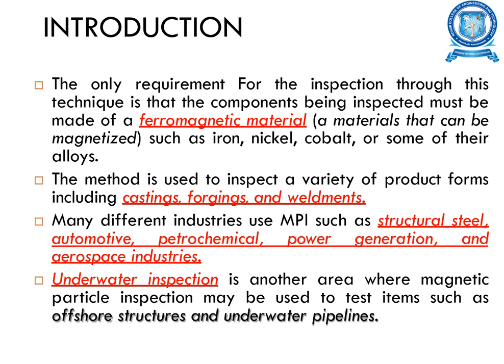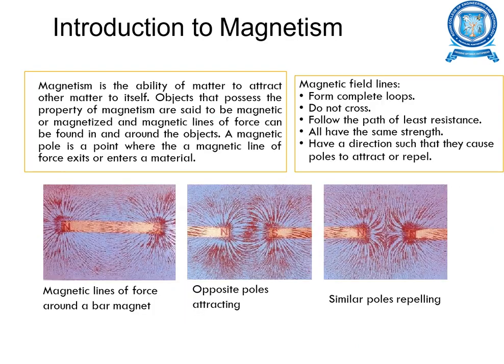Many different industries use magnetic particle inspection, such as structural steel, automotive, petrochemicals, power generation, and aerospace. Underwater inspection is another area where it may be used to test offshore structures and underwater pipelines.